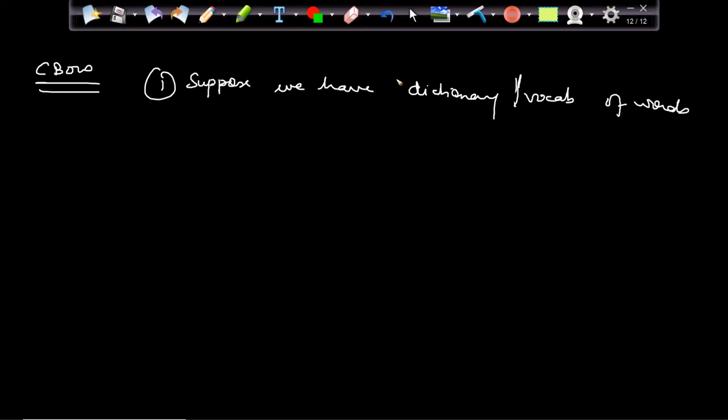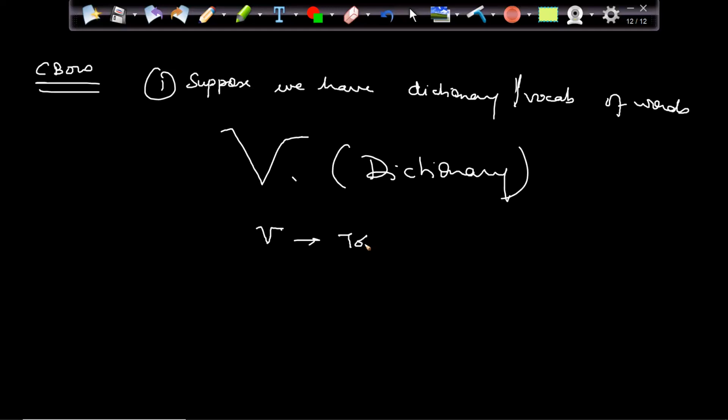Let's denote this entire dictionary as capital V, and let's say the total number of words in this dictionary is small v.